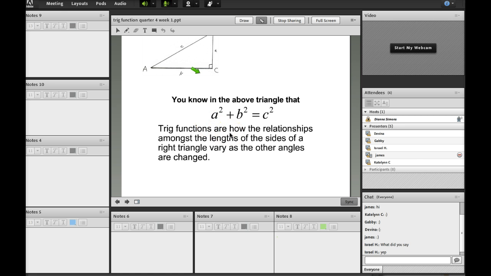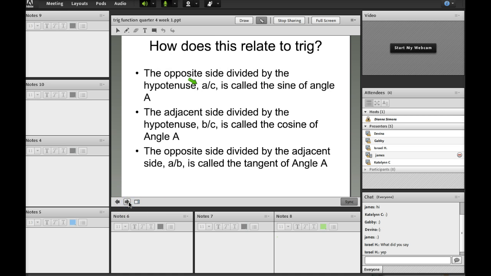So trig functions are how the relationship among these lengths of sides of a right triangle vary as the other angles change. You're going to be able to figure out these angles using the sides of a right triangle. That's exciting, right? This is how everything relates in this right triangle.